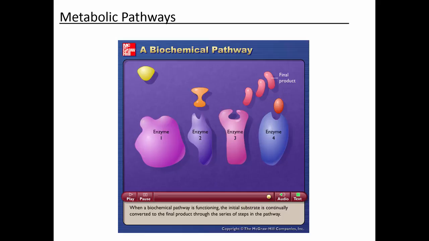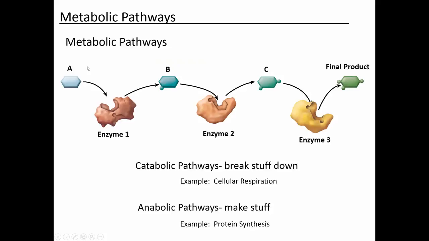Okay, so essentially a metabolic pathway is simply a sequential set of reactions where each reaction within the set is catalyzed by a different enzyme. That's all a metabolic pathway is. There are a lot of cases where you don't go directly from the reactant that you're given to the product that you want to make.